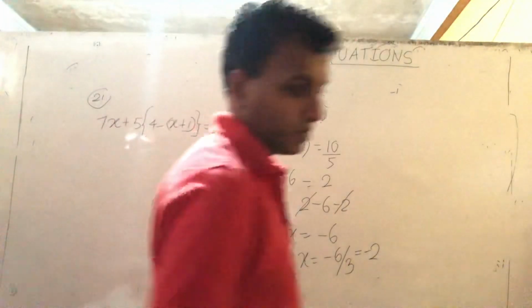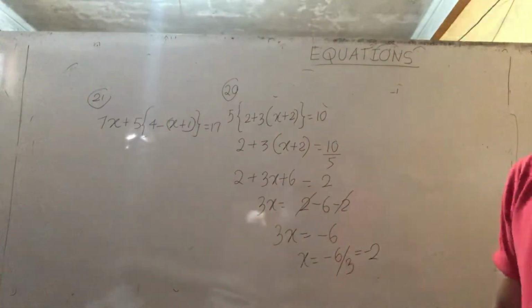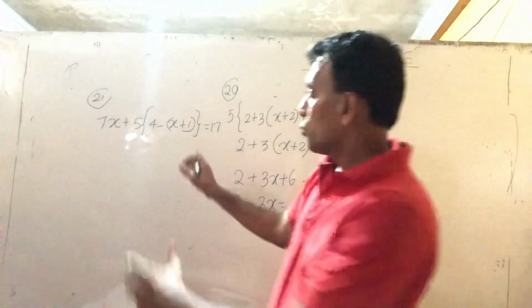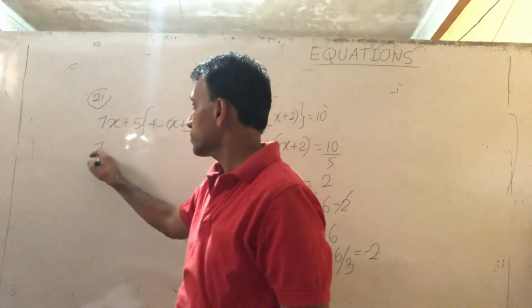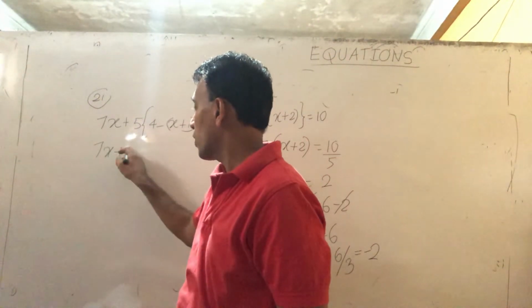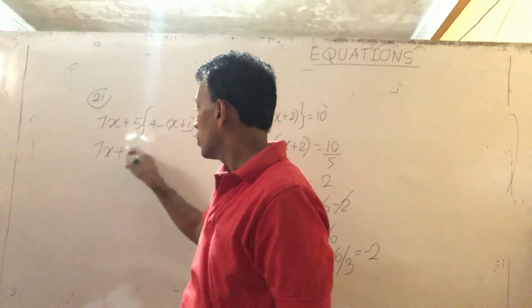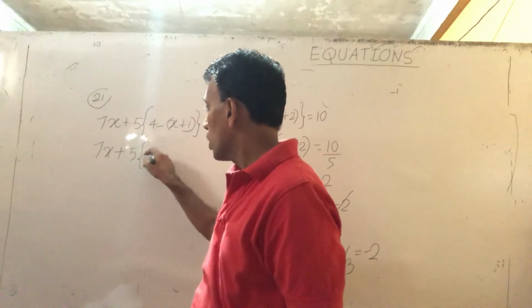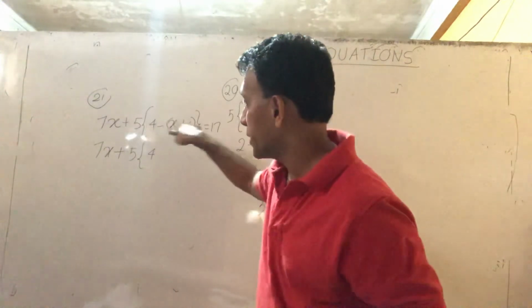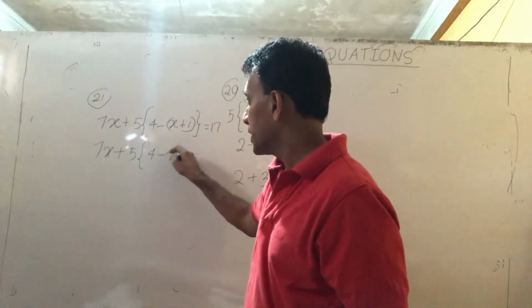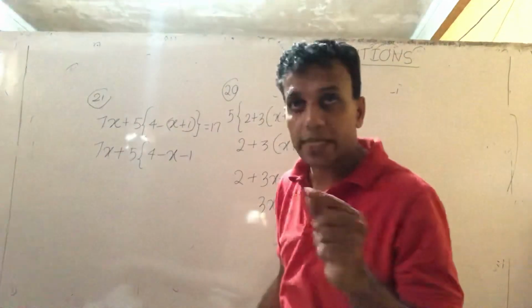So in this question, find the x answer. Here better you remove this curly bracket first. 7x minus 5 into (4 minus (x minus 1)) equals 17. Very first, remove the small bracket inside. Multiply minus by x minus 1.